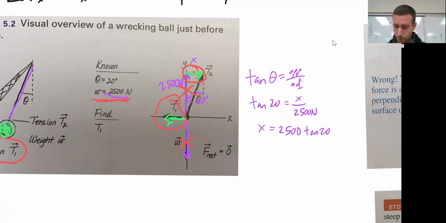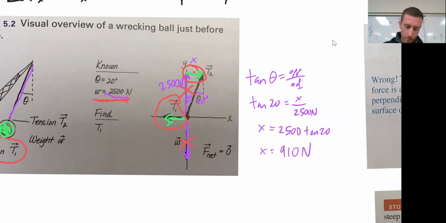I keep making mistakes. 2,500 times tangent 20 equals 909.9, or 910 newtons. So X equals 910 newtons.